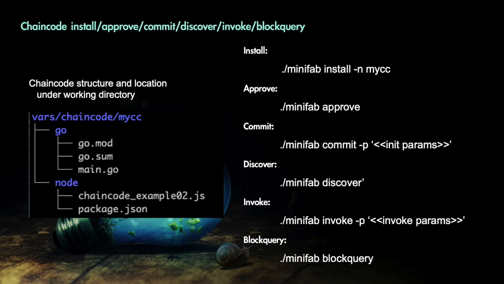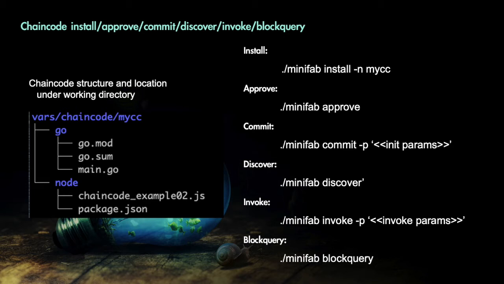This command will normally take a while to complete because Minifabric will try to pull all the dependencies and build the package, then install onto every peer that this Minifabric has access to. After chaincode installs successfully onto all the peers, you can run the approve command.